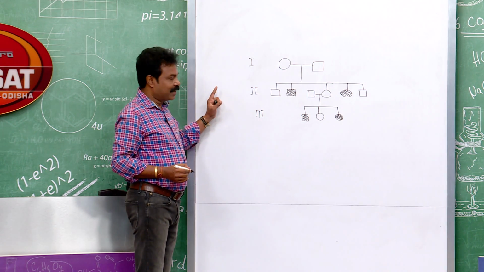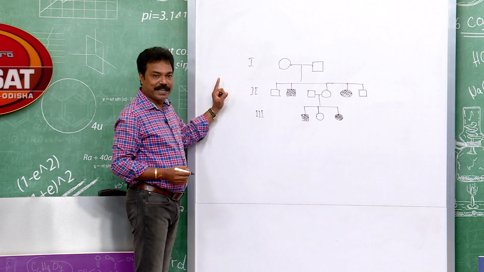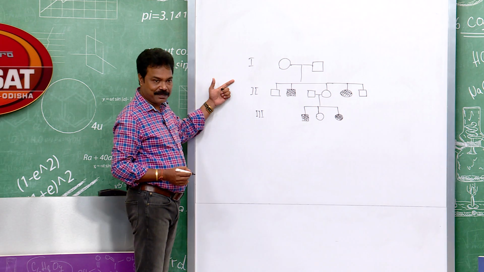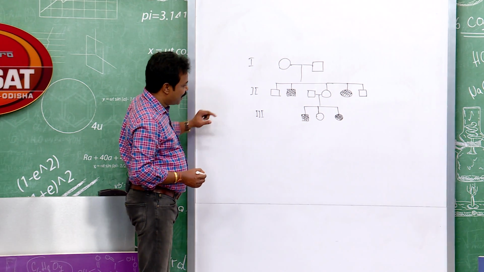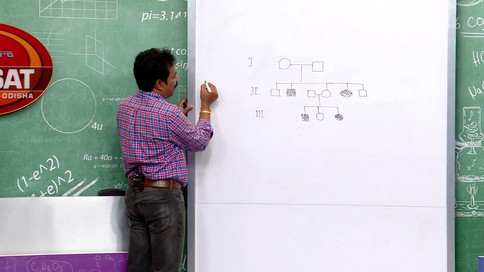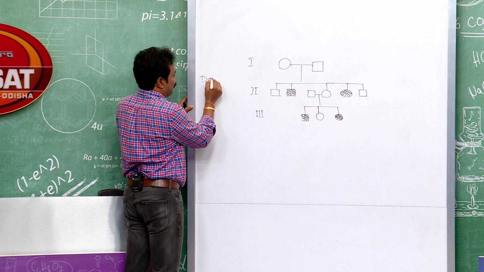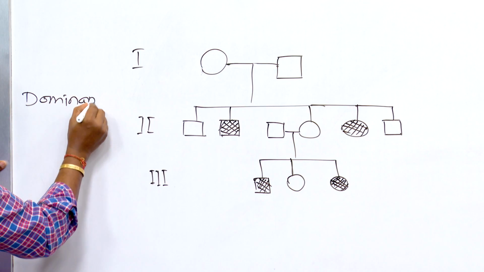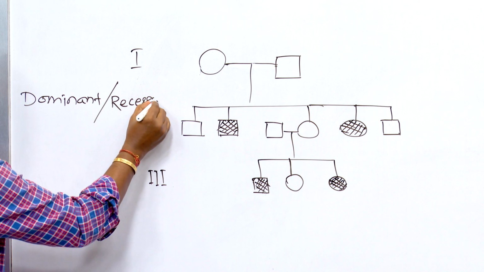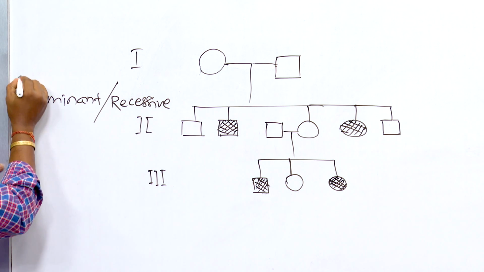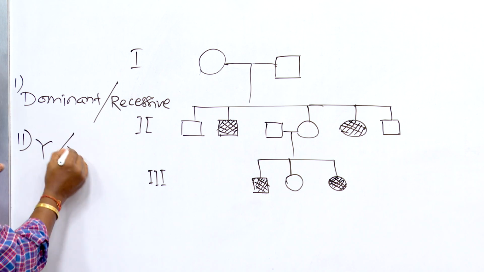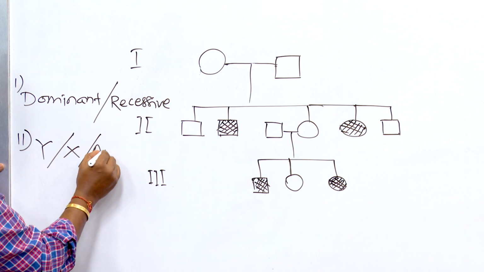Now, the analysis of the data is based on the principle of probability, elimination of alternatives. We shall discuss whether the trait is dominant or recessive, and second, whether it is Y-linked or X-linked or autosomal.